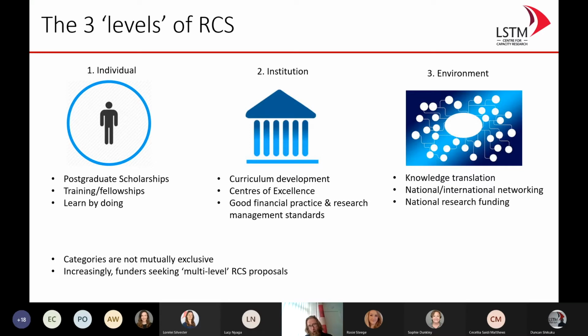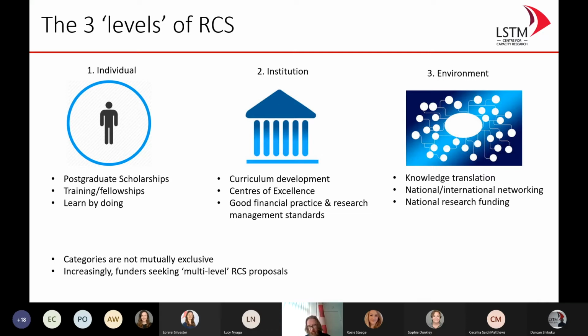Again, below that depiction of an institution, you see some examples of what we might consider institutional level research capacity strengthening initiatives. Then the third level, there are different terms to describe this. It can be described as the broader research environment, the broader research system, national research capacity, but essentially it's referring to all elements of the research system that individual researchers and research institutions feed into.